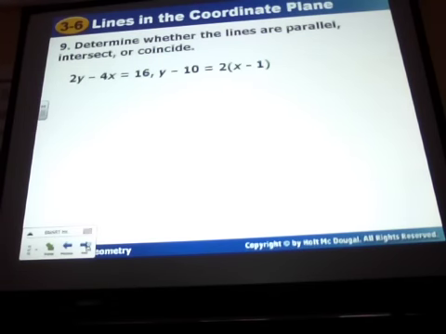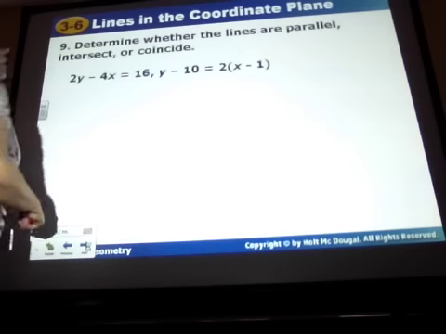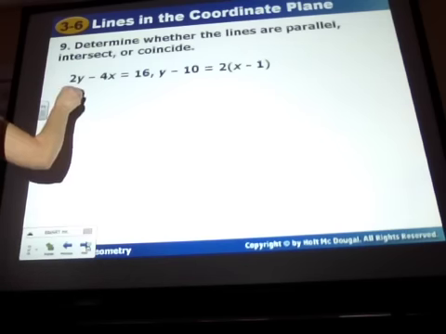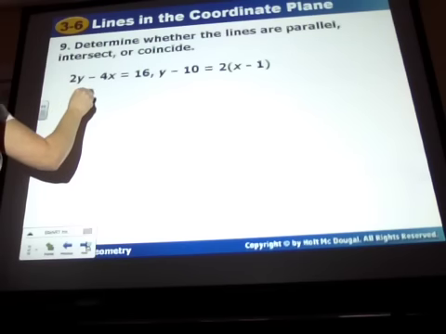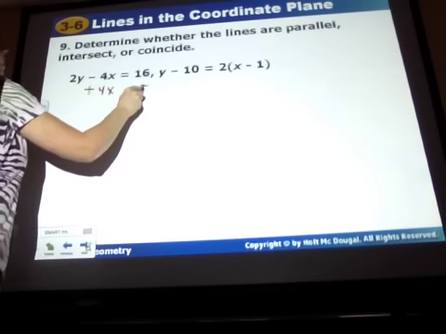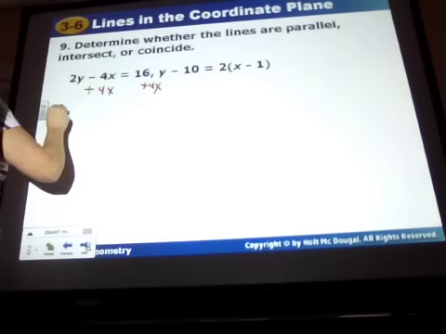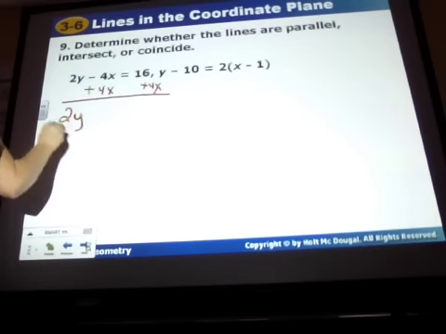Okay, let's see what I got here. On number 9, I've got 2 lines here. And I'm going to convert them both into slope-intercept form so I can identify my slope and my y-intercept. So on this one, I'm going to get rid of the 4x by adding it.